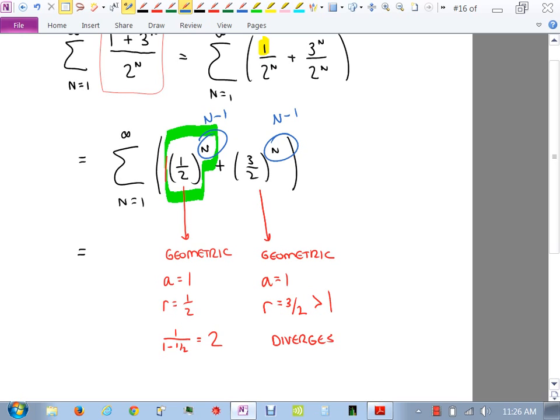But we saw last class that all that really turned out to be was us doing an n minus 1 plus 1 and peeling off something, and that thing we peeled off was just a number. So that wasn't going to change whether it converged or diverged in this problem. So I'm being kind of loose on the math here, but only because I knew that that 3 halves diverged. Had it converged, we would have had to work this out a little more neatly.